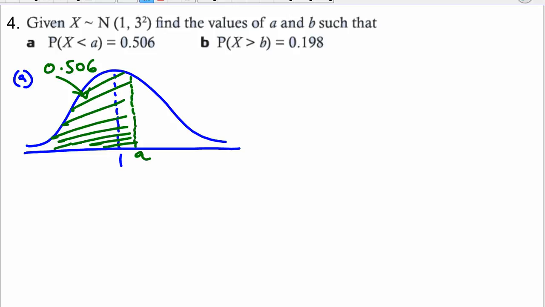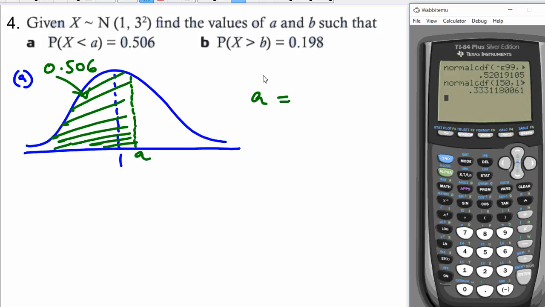So basically, A will be equal to, I need to use the calculator. If you go second, distribution, inverse normal, of course you'll be asked the area to the left of A, which is 0.506.